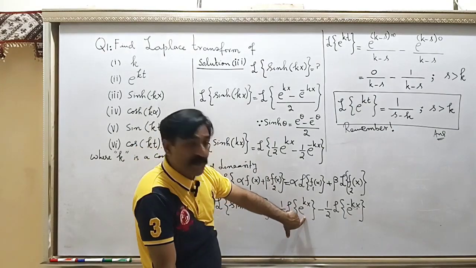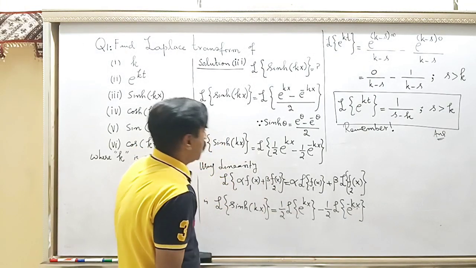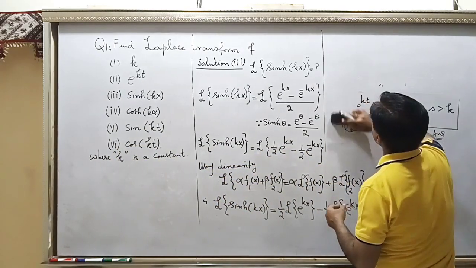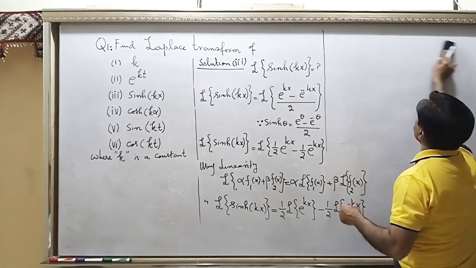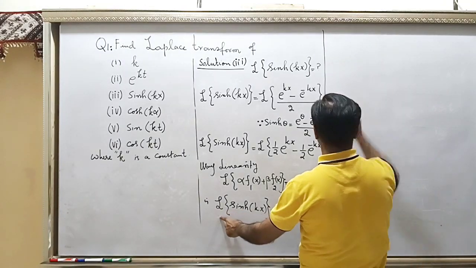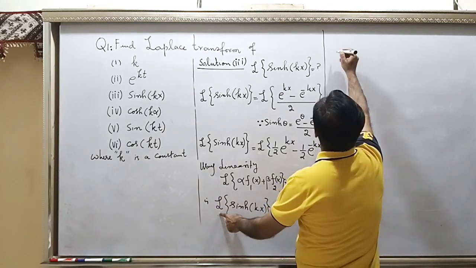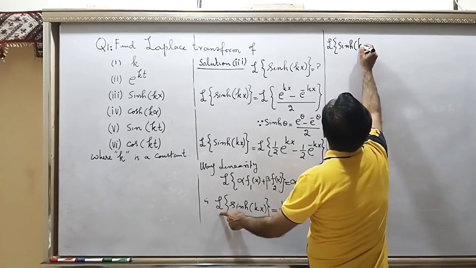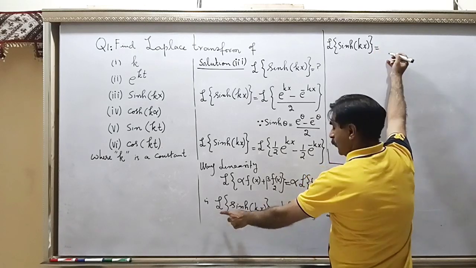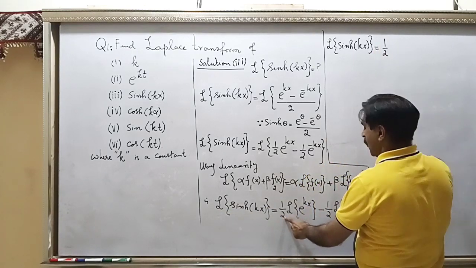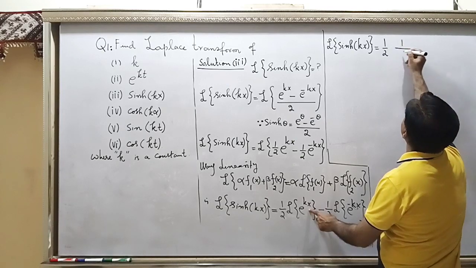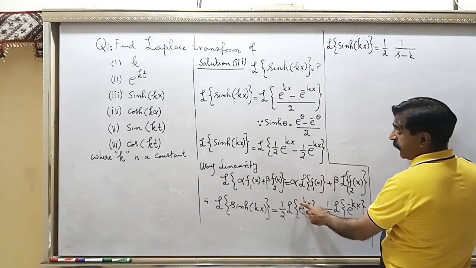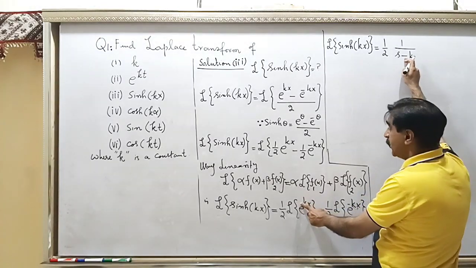Now, you know the Laplace transform of the exponential, right? So, using the Laplace transform of the exponential, what do you get? The Laplace transform of sine hyperbolic kx is equal to 1 by 2, and the Laplace transform of the exponential is 1 over s minus k, right? Here if you have plus k, then in the transform you have minus k.